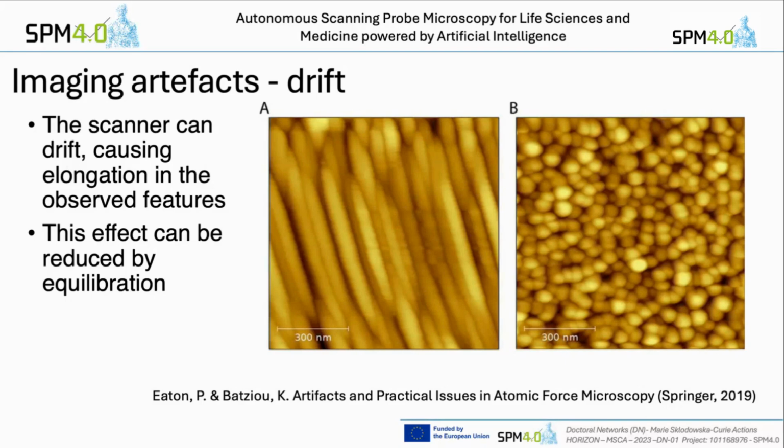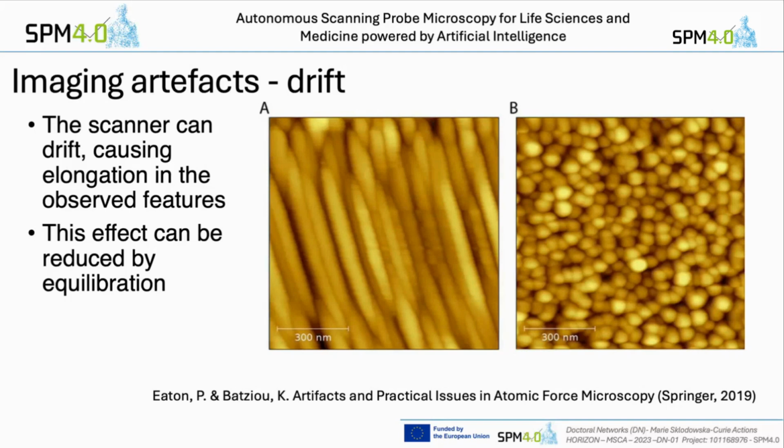This is basically a slow movement of various parts of the AFM, whether that be the laser slightly drifting across the detector, or the position of the piezo slightly drifting as you're scanning, and you can basically elongate features. You're dragging slowly across the surface. So this is what your image should look like, a series of dots, a series of blobs. And if you get a lot of drift, it drags everything out and makes everything look like rods.